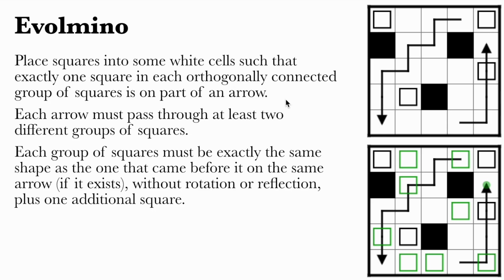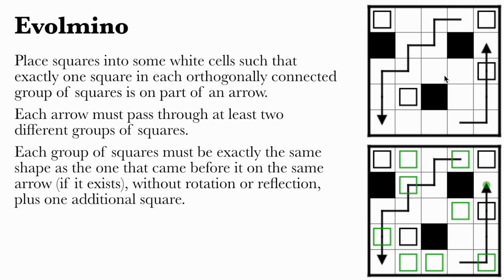So what is this saying? We're going to be putting white squares in the grid, making polyominoes, hence the minnow part here, and exactly one square in each group is on part of an arrow.